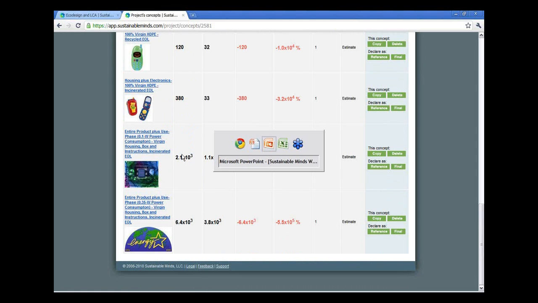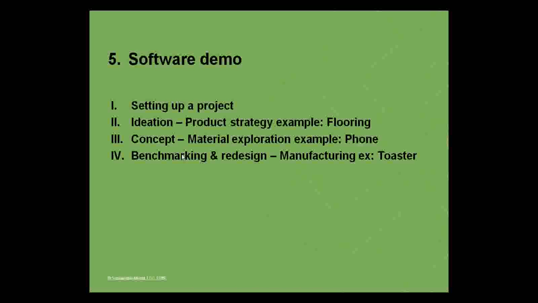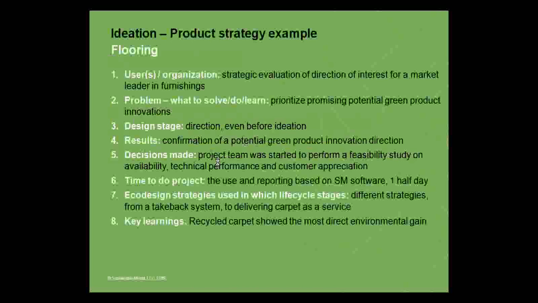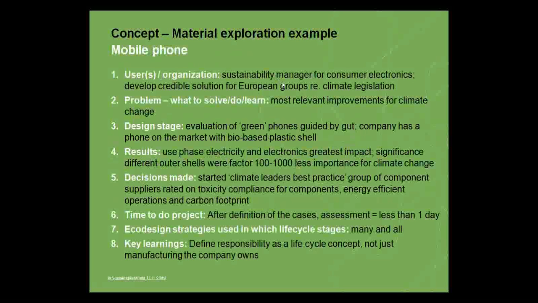Now, if we look at a takeaway from this project, you can frame it like this, and maybe you can relate to this. The user of this project was a sustainability manager for consumer electronics, and they wanted to develop credible solutions for the European market, where groups were interested in climate legislation and improving carbon footprint. The problem was that the most relevant improvements they wanted to learn about was climate change, and they started to evaluate green phones, and it was guided by their gut feeling.